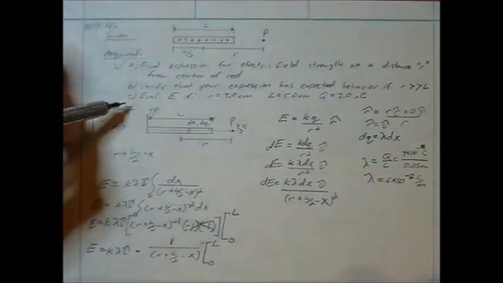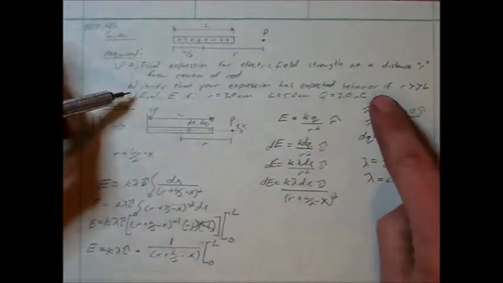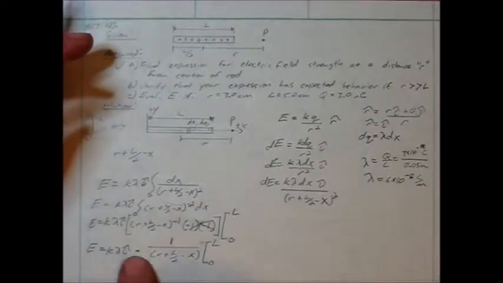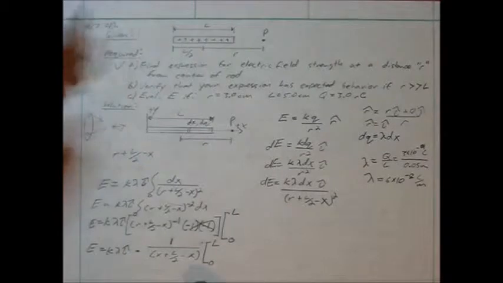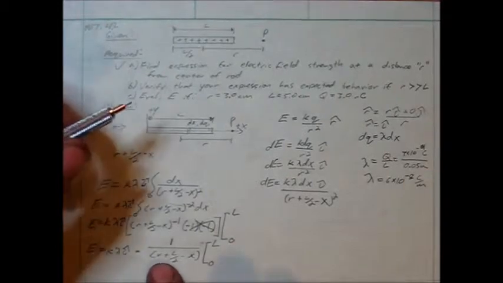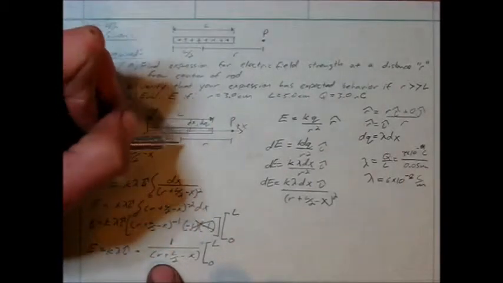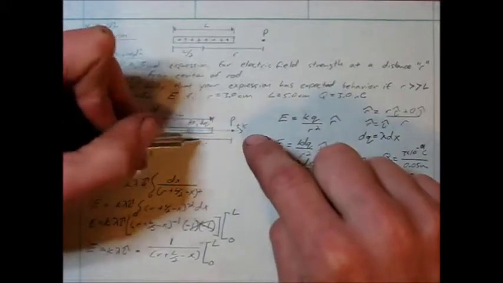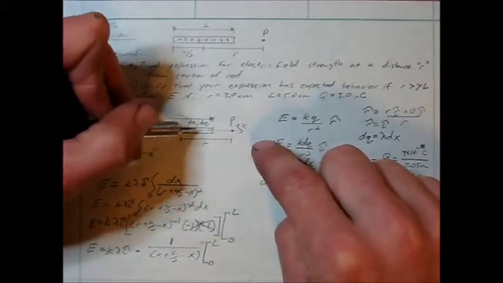Let's talk about verifying that this expression has expected behavior. We can ignore all these fancy constants out here. Let's look at this denominator here. The minimum you could have for R here is L over 2, right?